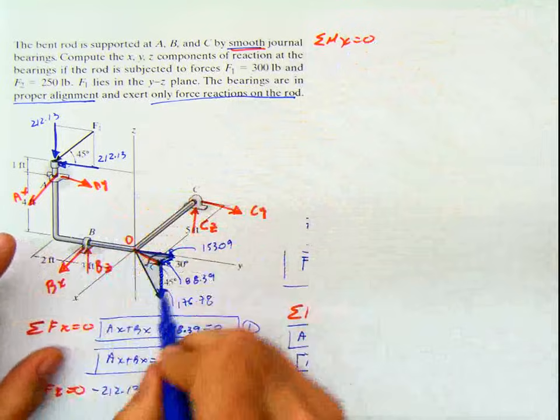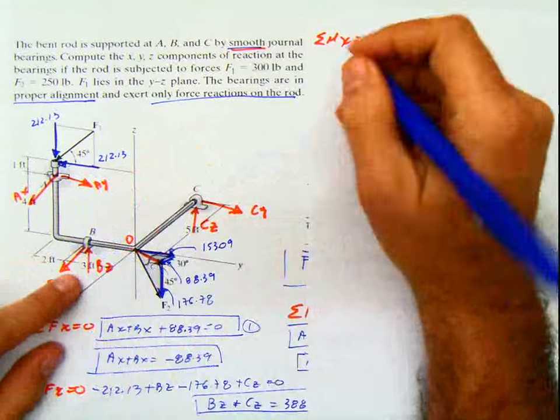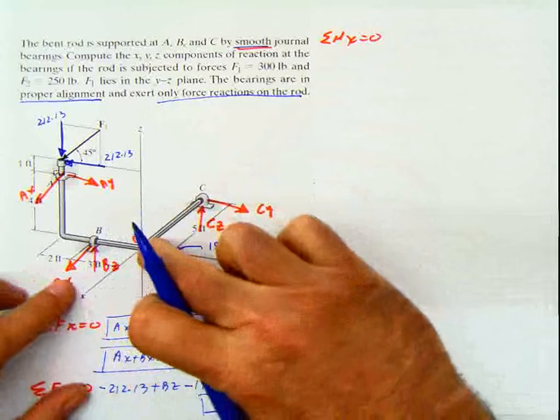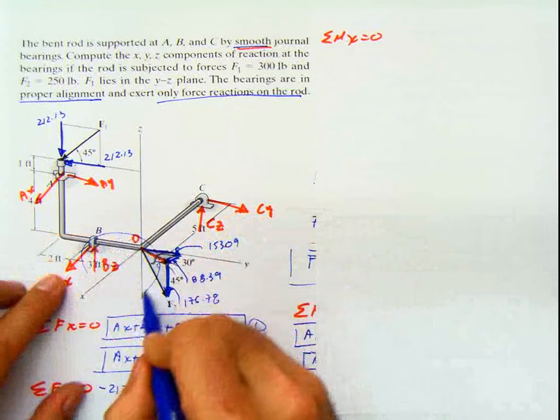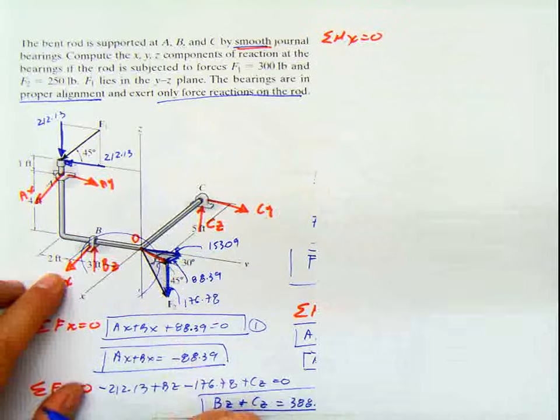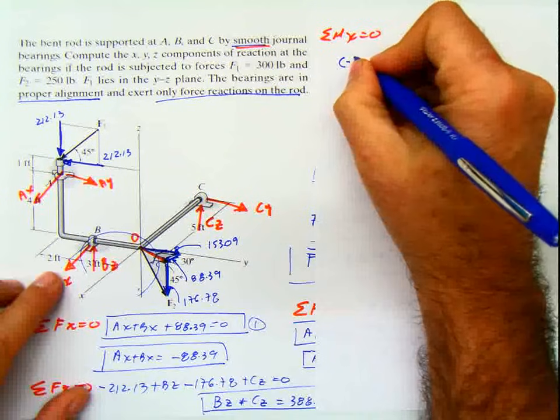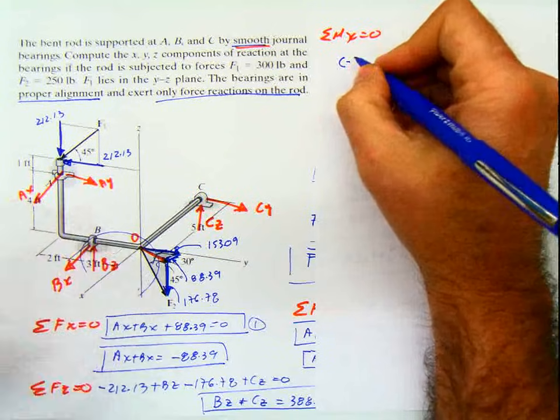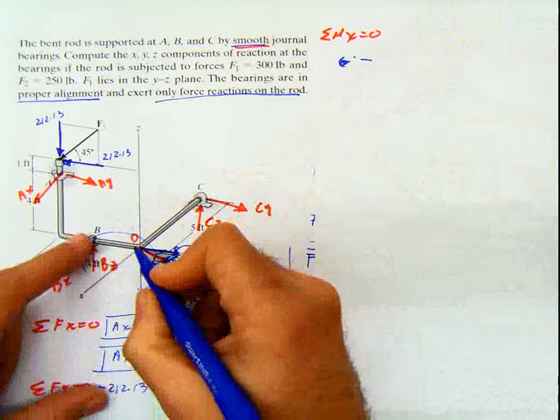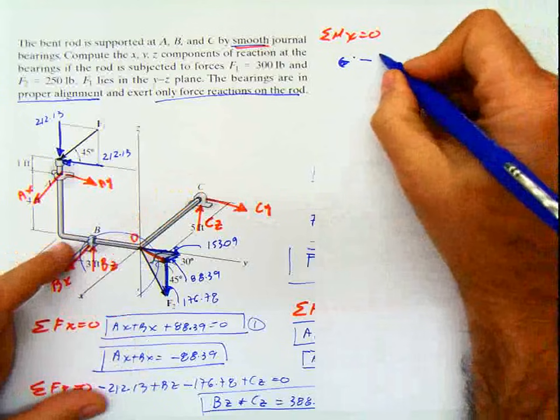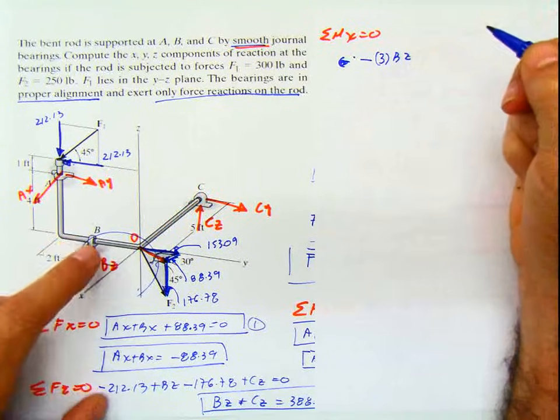This force is making it rotate about x. If I put my pin here and I apply this over here, the rotation is going into the axis. So it's going to be negative, because of the direction, and the distance is 3, and the force is BZ. Okay, that's for this one.